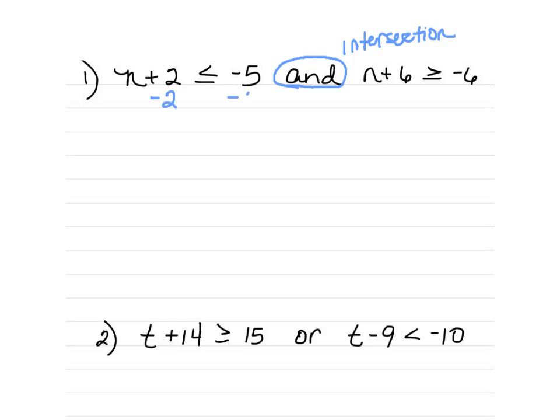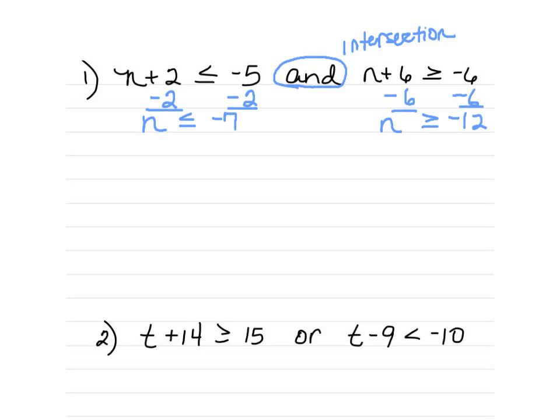We'll subtract 2 from both sides. n is less than or equal to negative 7. Then I have here n plus 6 is greater than or equal to negative 6. So we'll subtract 6 from both sides, and I have n is greater than or equal to negative 12. And recall this is an "and" situation.